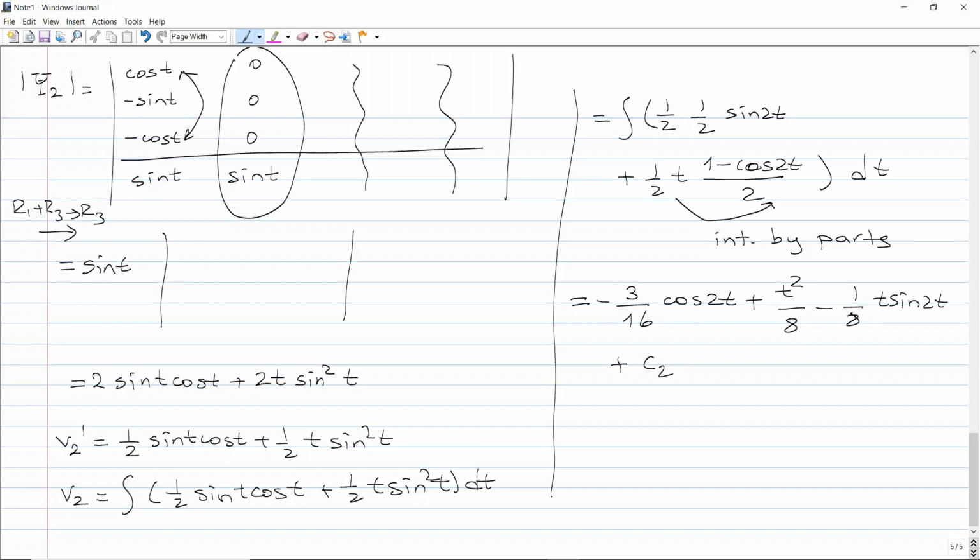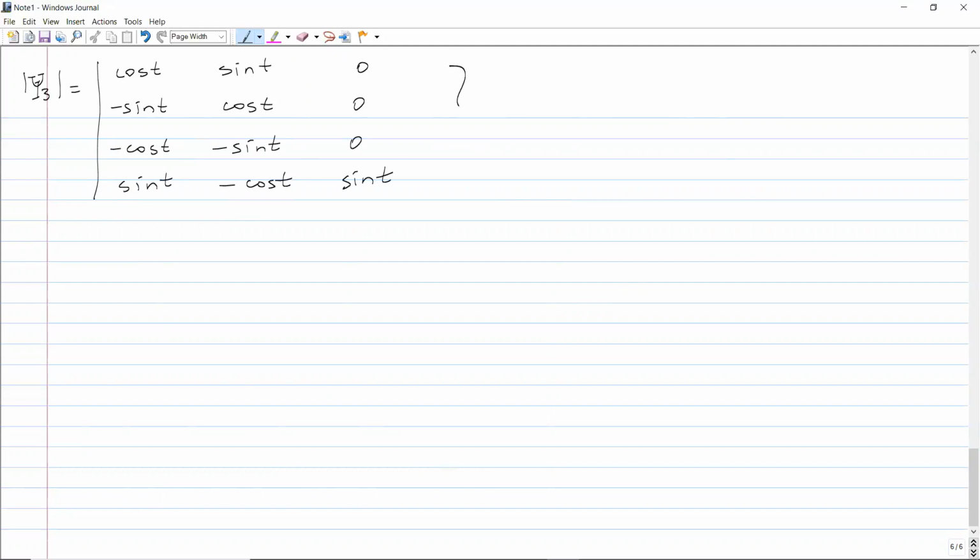Okay, for the third one, we need the determinant of C3. The first two columns of the fundamental matrix are going to stay the same. For the third column, we write the column B, and the last column is going to be the same as the fundamental matrix.